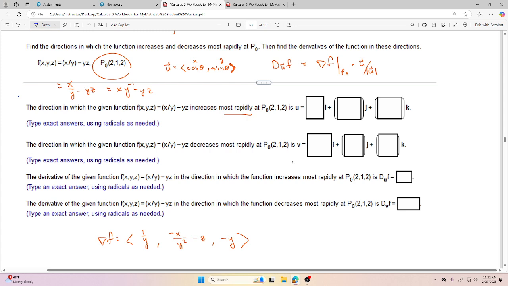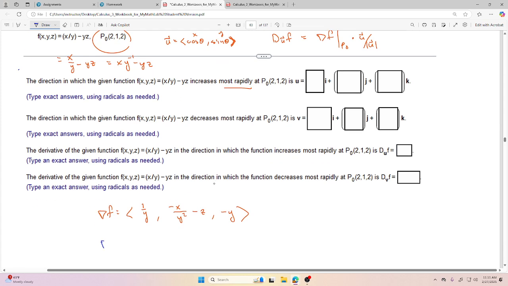So that's good and happy, but without plugging in p naught, things get really hairy. So let's plug in p naught. I would get 1 over 1, negative 2 over 1 squared minus 2, negative 1. Is that negative 4? Okay. So that's my grad f at p.